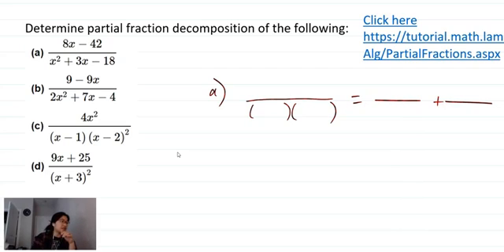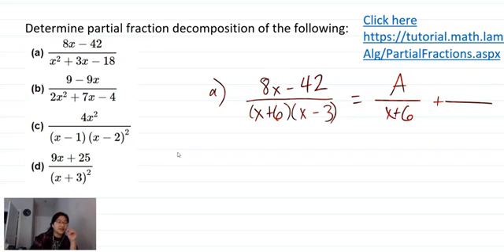So if we have x squared plus 3x minus 18 in our denominator, we factor that to get x plus 6 times x minus 3, and that's our 8x minus 42. And then we can rewrite this as something over x plus 6 plus something else over x minus 3.